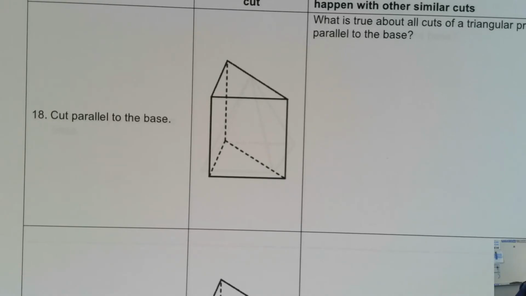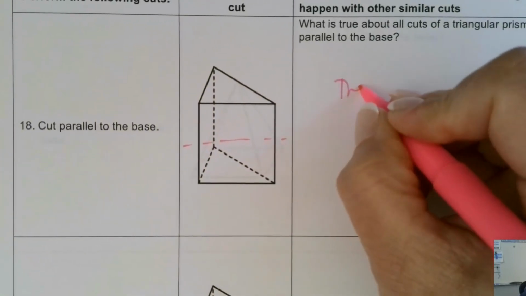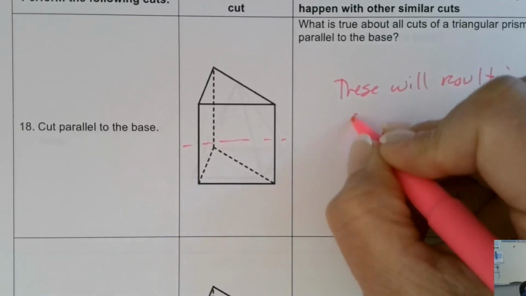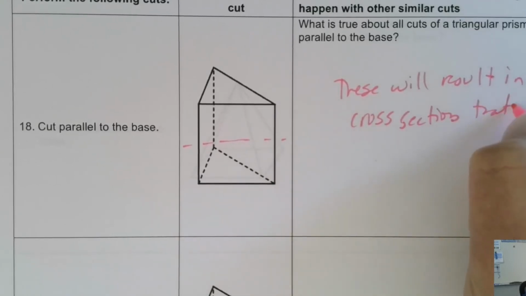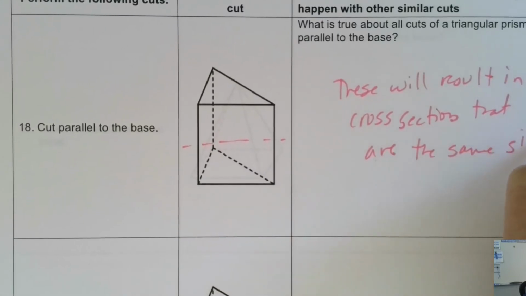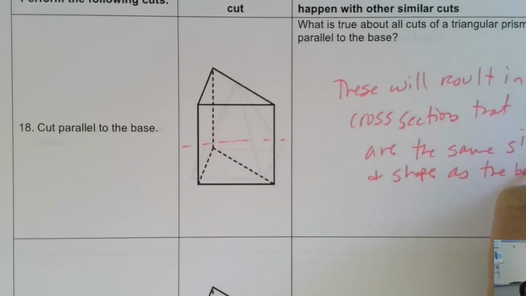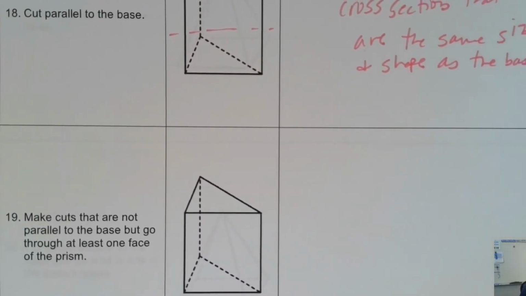Okay, so you have to picture the cut like this. Okay, these will result in cross sections that are the same size and shape as the base. Okay, on number 19, cuts that are not parallel to the base but go through at least one face of the prism.